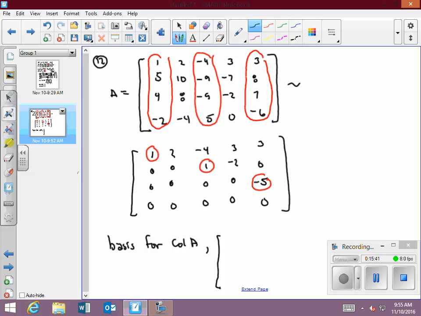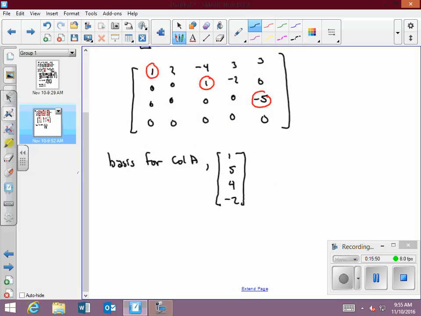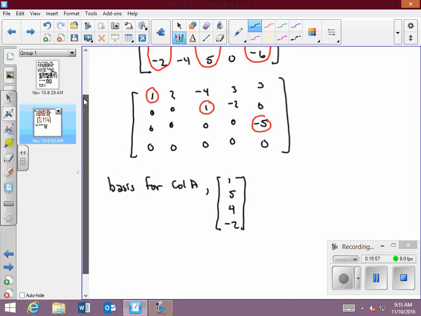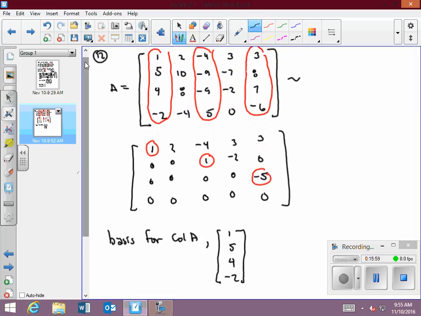It's 1, 5, 4, and minus 2. It's going to be in the original matrix, it's going to be the columns that contain the pivots. Minus 4, minus 9.